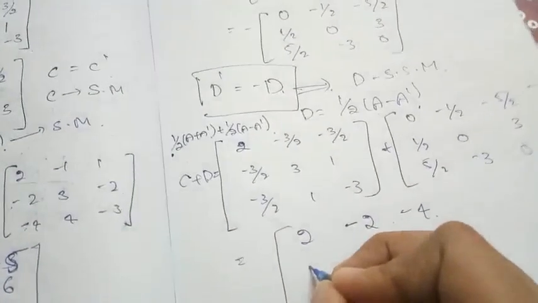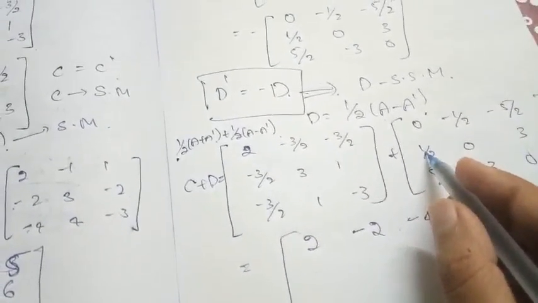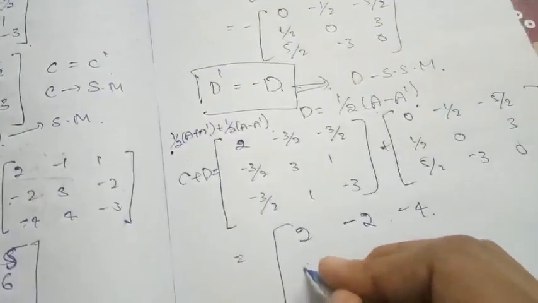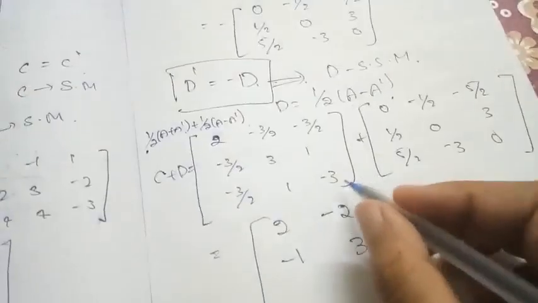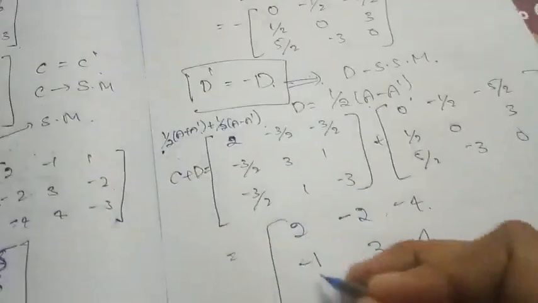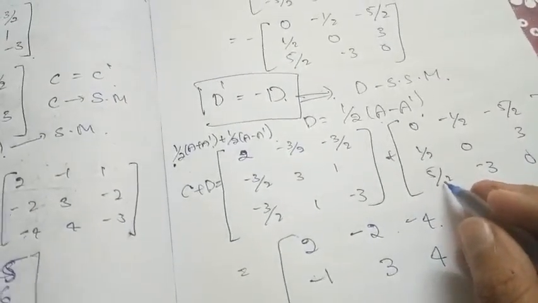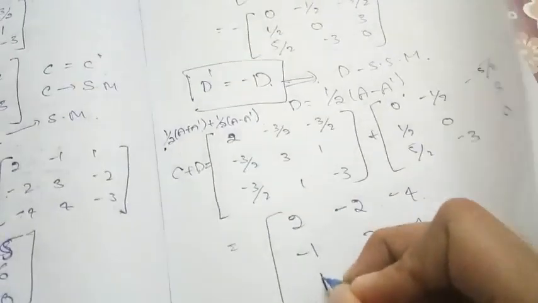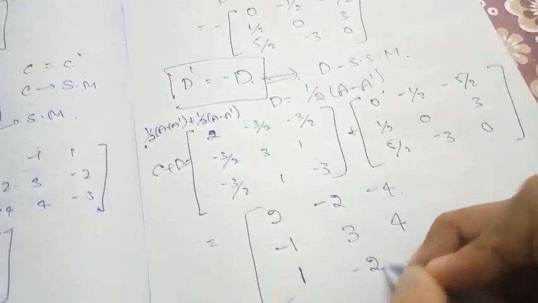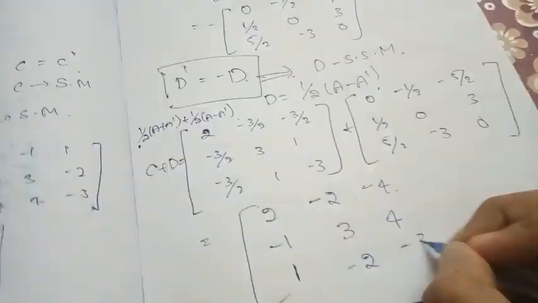Again here -3 plus 1 is -2, -2 by 2 is -1, 3 plus 0 is 3, 1 plus 3 is 4, -3 by 2 plus 5 by 2 becomes 2 by 2, which is 1, and 1 minus 3 is -2, -3 becomes -3.